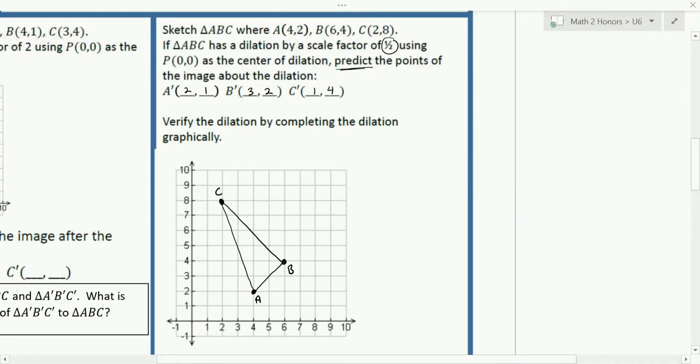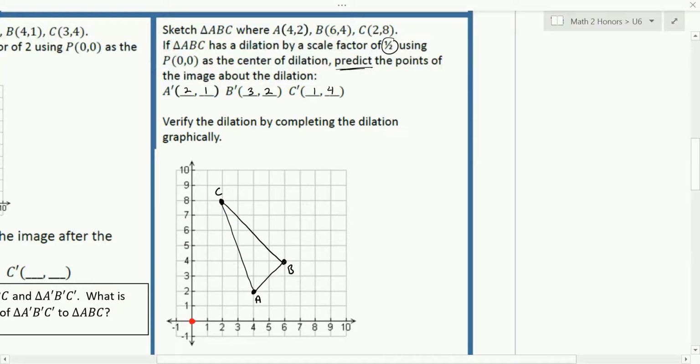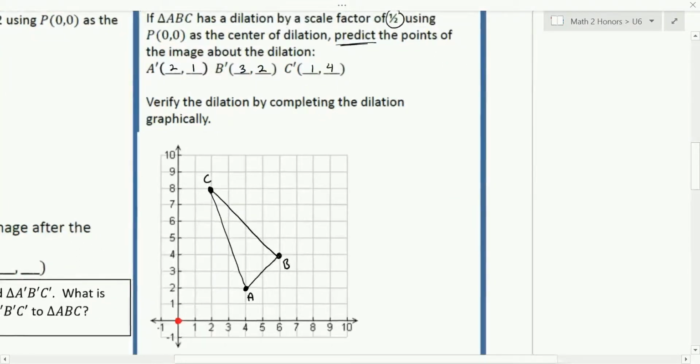The center is at (0, 0), so there's our point. Then A prime, we said, is at (2, 1), B prime at (3, 2), and C prime at (1, 4).